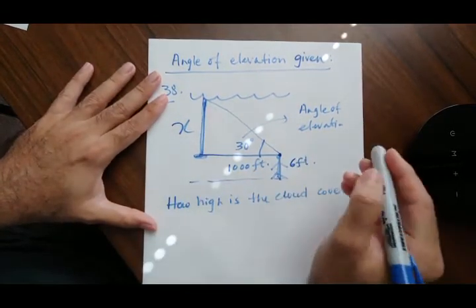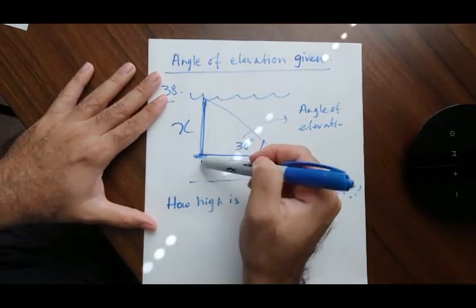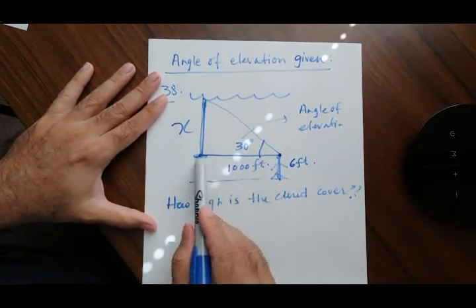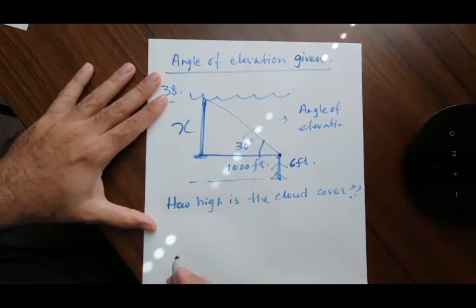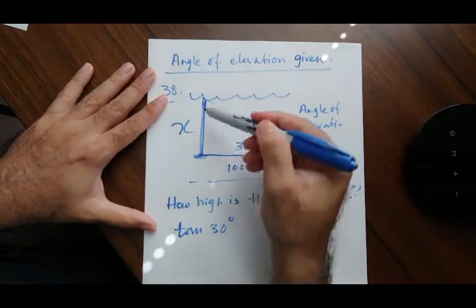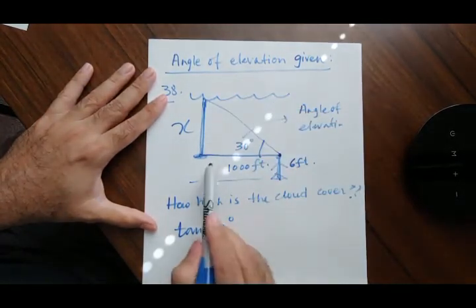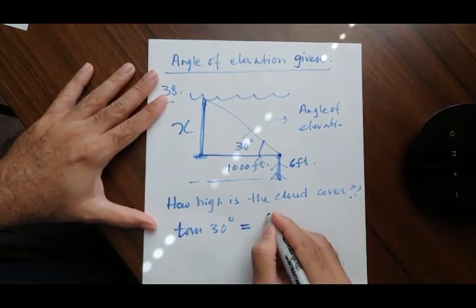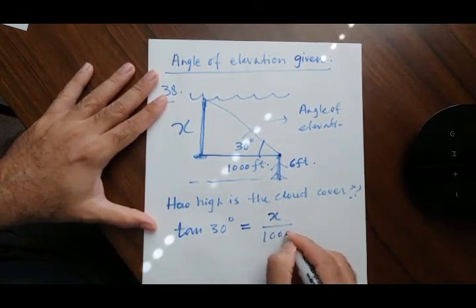How do I do that? So here x is unknown, and I know this value right here, which is 1,000. So what I can do is take tan 30, because tangent is the only function which involves opposite and adjacent. So tan 30 is x divided by 1,000.